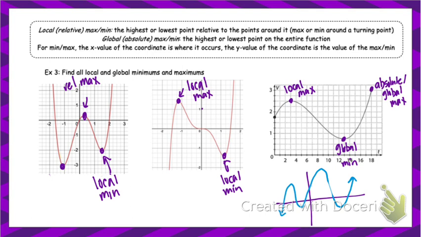Okay, so I'm going to label a few points here. This is A, B, C, and D. What I want you guys to do on the Edpuzzle, a question is going to pop up, and you are just going to enter what each of those points are. Is it a relative or local, global, min, max, etc.?